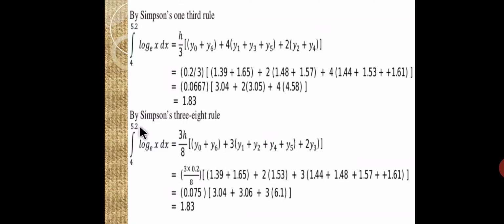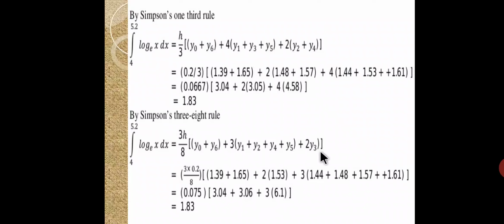Now we apply Simpson's 3/8 rule. What is the rule? The formula is 3h by 8 into the sum of first and last ordinates y0 plus y6, plus 2 into the sum of the multiples of 3 ordinates, plus 3 into the remaining ordinates. In these ordinates, the multiple of 3 is y3.